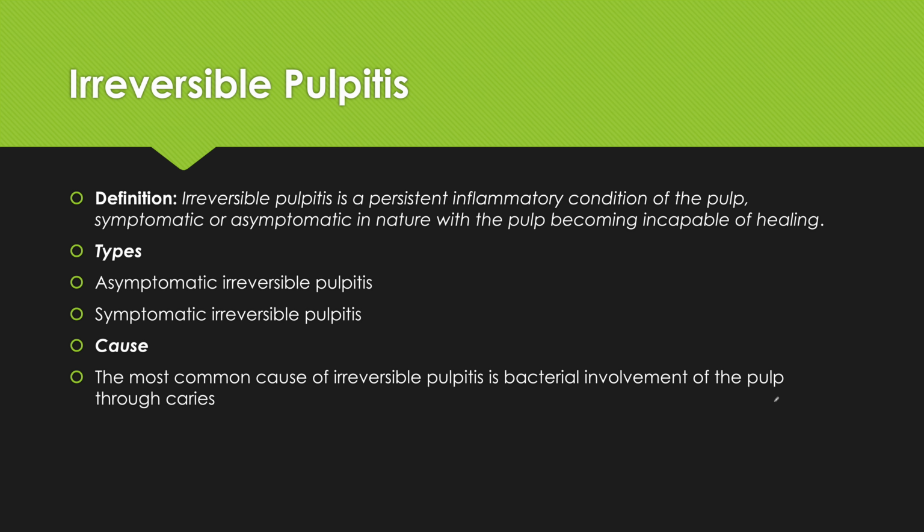Now we go towards irreversible pulpitis. It is defined as a persistent inflammatory condition of the pulp, symptomatic or asymptomatic in nature, with pulp becoming incapable of healing. We have two types: asymptomatic irreversible pulpitis and symptomatic irreversible pulpitis. It is caused by bacterial involvement of the pulp through caries.